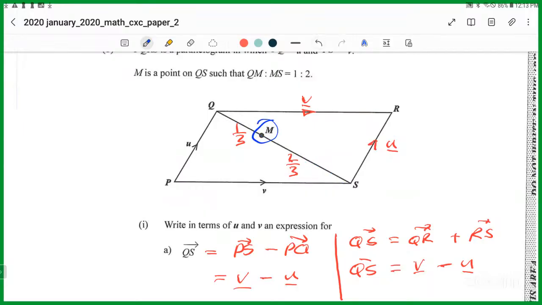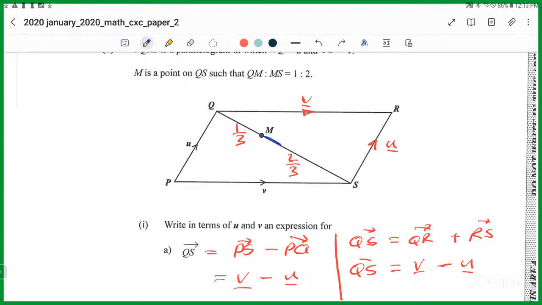Going from M to R is same as going from M to S first, and then going from S to R. Can do it that way. Or if you like, we could go M to Q this way, and then go Q to R. Either way, I'm going to do it both ways to show that the answer is going to be the same.